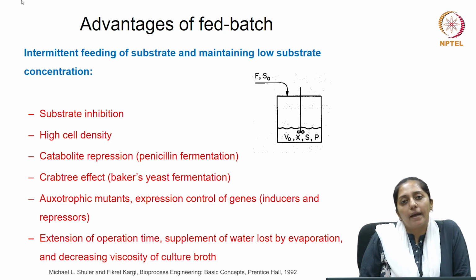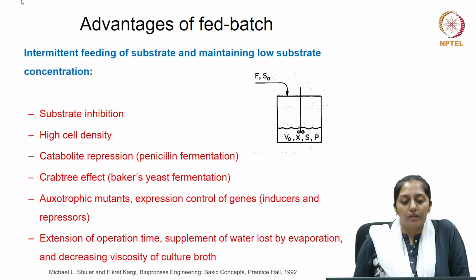It can also help, because there is a continuous aqueous feed inside the reactor, to replenish the water lost due to evaporation during the fermentation process, and also helps in decreasing the viscosity of the broth due to higher cell densities.